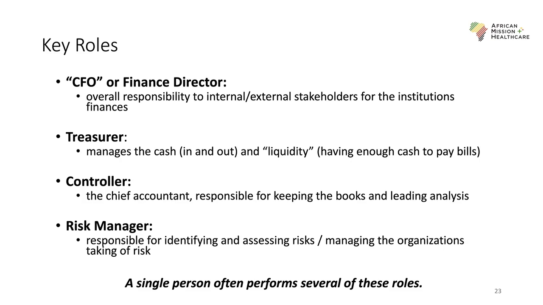So overall, there's typically a CFO or a finance director who is the one person who is responsible for internal and external stakeholder reporting for the institution's finances. They're the one member of the management team who not only has a seat at the table and is helping make the key decisions of the organization, but they're also responsible for making sure that management has the information it needs to make high quality decisions.